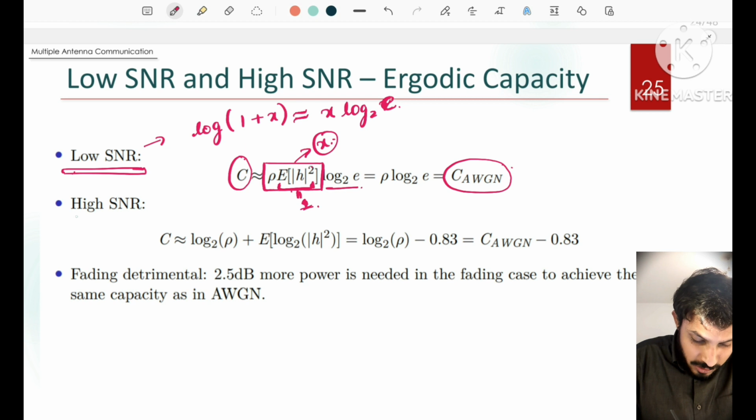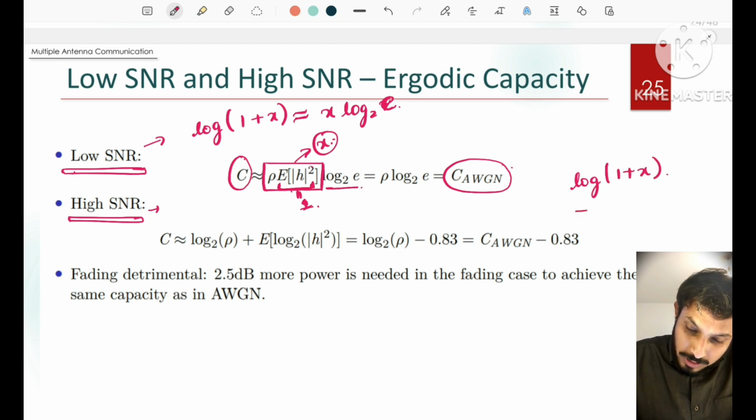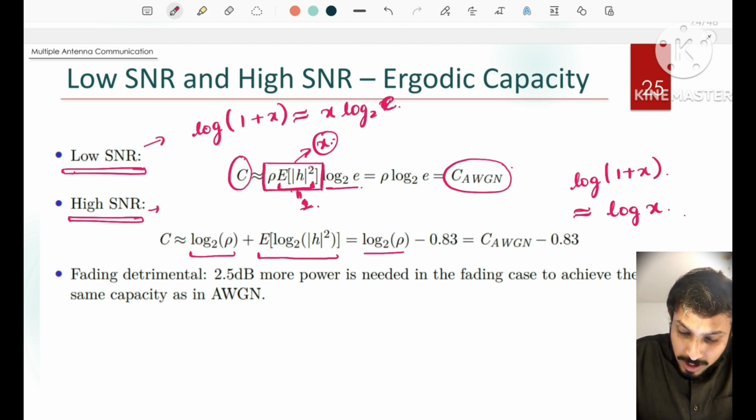That is as if we have a time invariant channel. Then next, in the high SNR scenario, we can write log of 1 plus x as approximately equal to log of x. And then we have this summation of two logarithms, log 2 of rho plus expectation of log 2 of mod h square. On solving this, we get log 2 of rho minus 0.83.